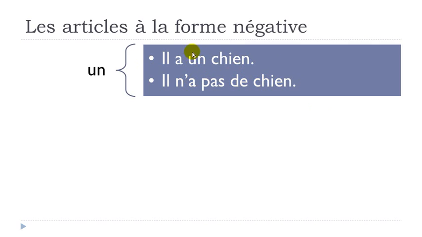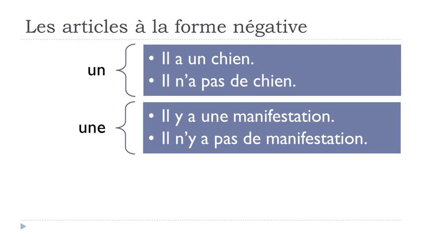So you can see that un here will become de. That's the first thing that you've got to keep in mind: if you have an article indéfini and you want to put the sentence at the negative form, then un will become de.